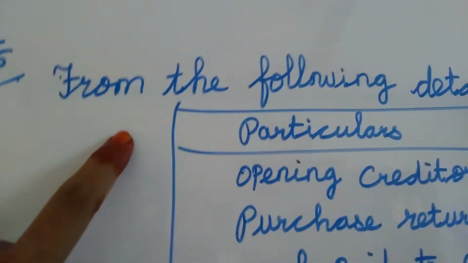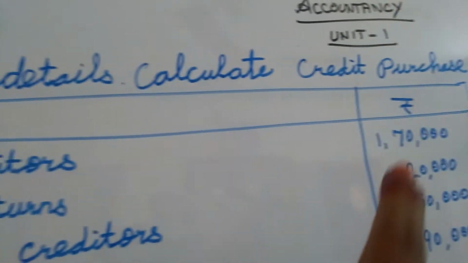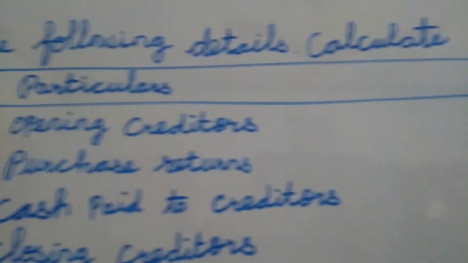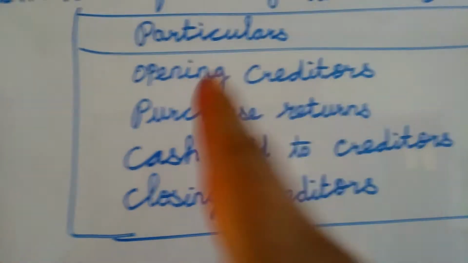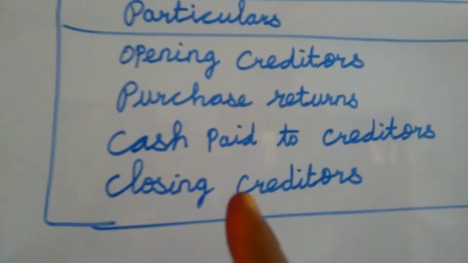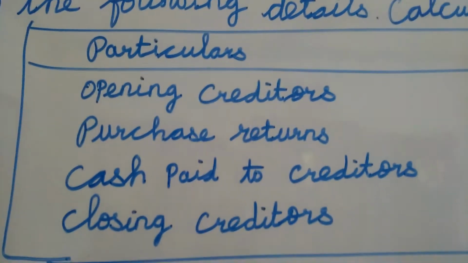Okay, see the sum. From the following details, calculate credit purchase. From this information, we want to find out the credit purchase. Here, what particulars are given? Only the creditors' details alone are given.